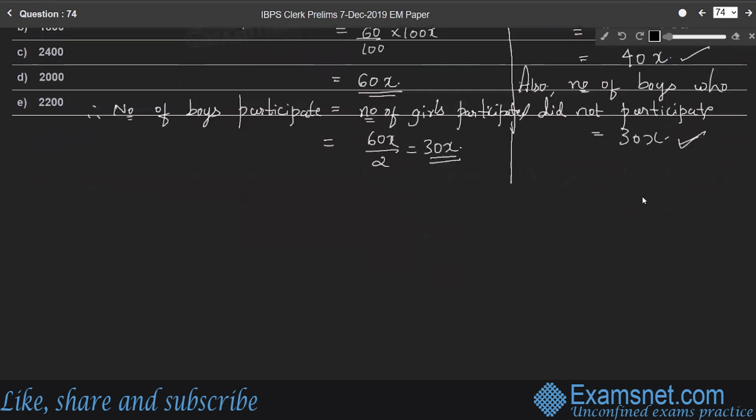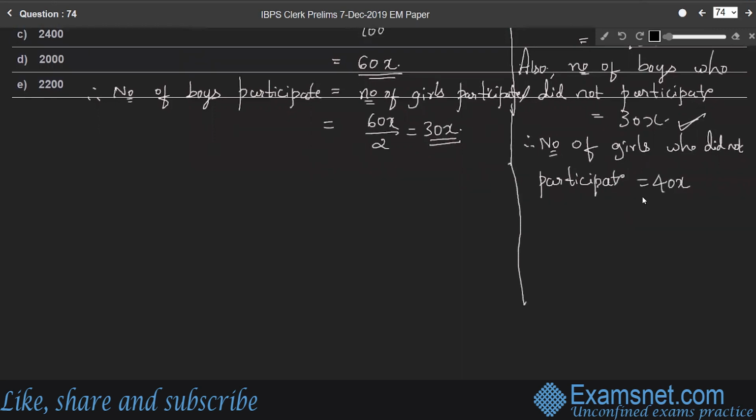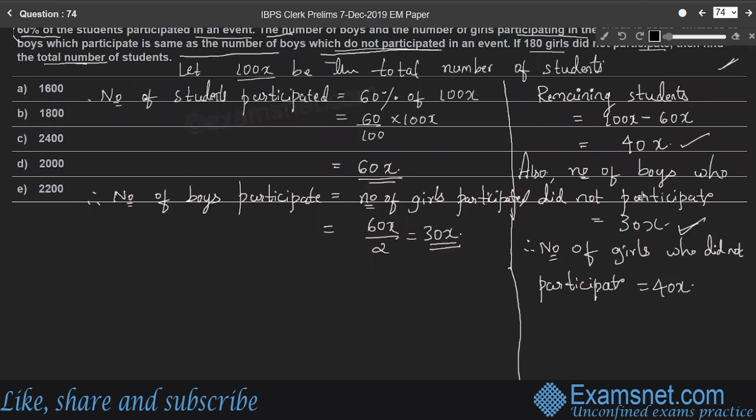So the number of girls who did not participate is equal to the total students who did not participate, 40x, minus boys, 30x.